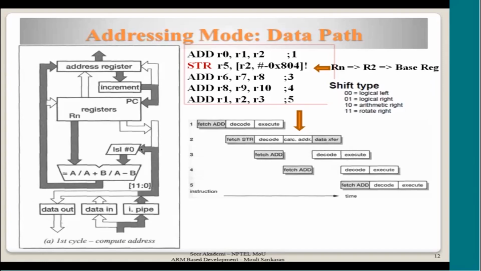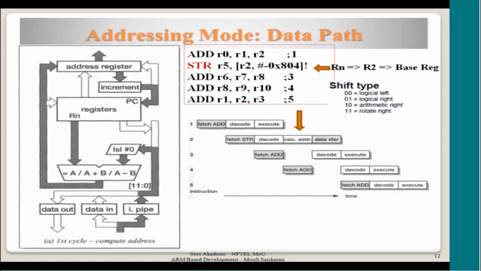into the barrel shifter. Now you may wonder why there is LSL 0 here, because you have not mentioned any shift operation. You don't see any ROR or LSL or LSR or ASR, nothing is there. But the data has to go through the barrel shifter because the data path is designed this way.